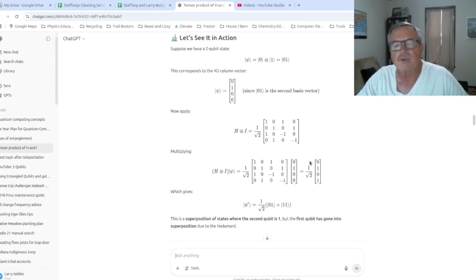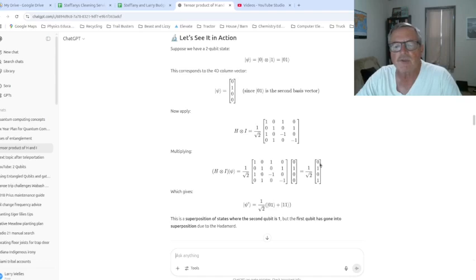So this first element here is 0. Then you multiply times here, and we get a 1, because this 1 will match up with that 1. Then we multiply this 1, and everything zeroes out in this case. So there's a 0, and here we have 0, 1, 0, minus 1, which still gives us this 1.